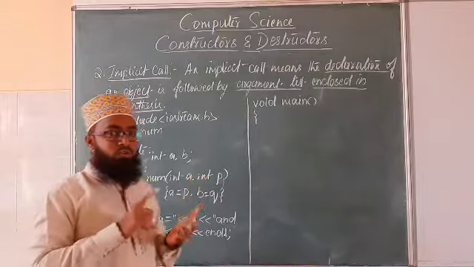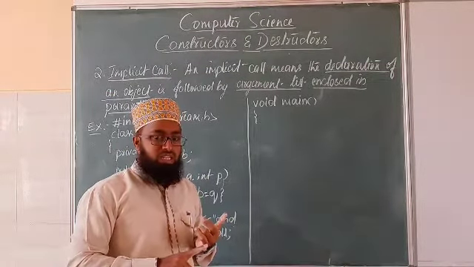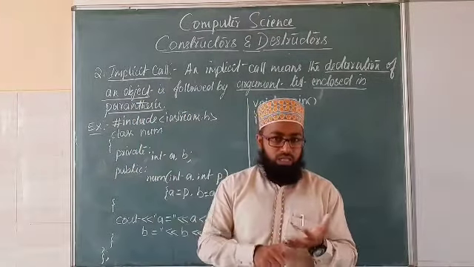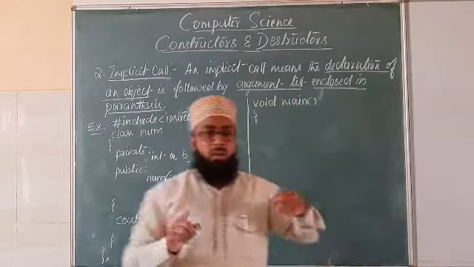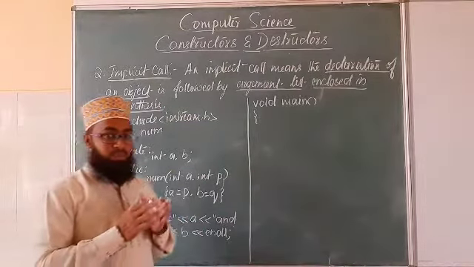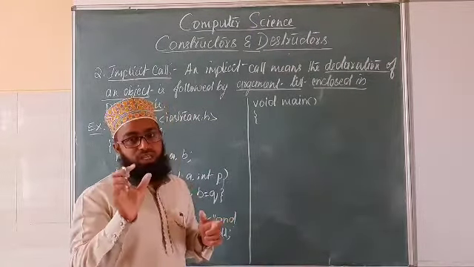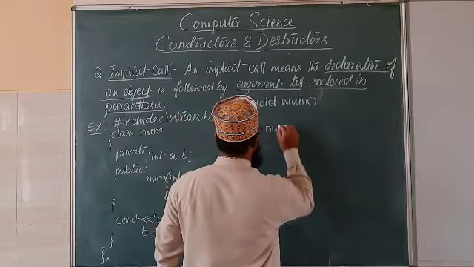Explicit call is followed by, in that declaration of an object, then constructor name followed by assignment operator, then argument list is enclosed in parentheses. But in implicit call, just the declaration of an object is followed by list of arguments enclosed in parentheses.